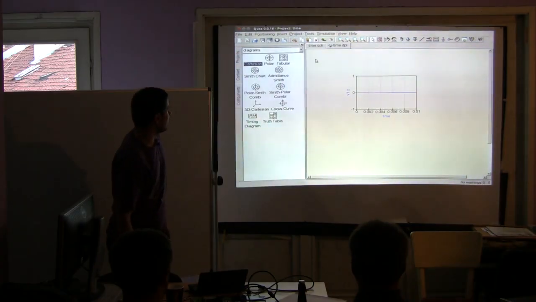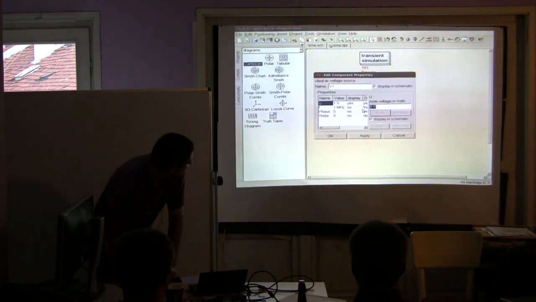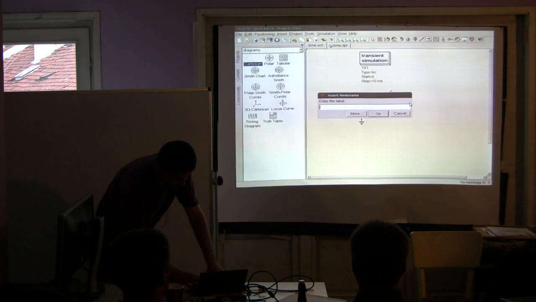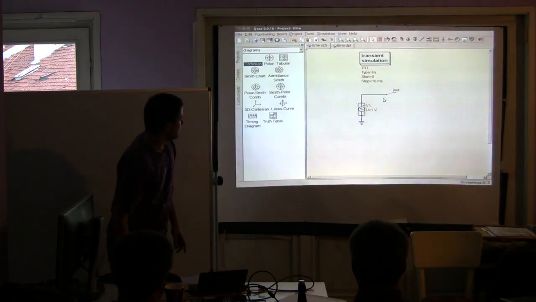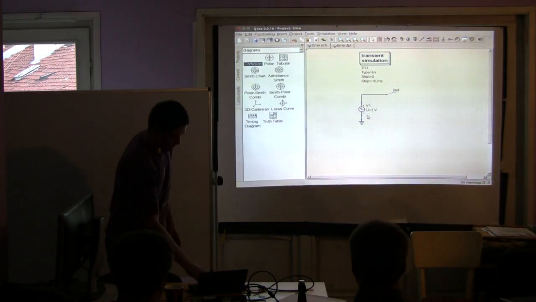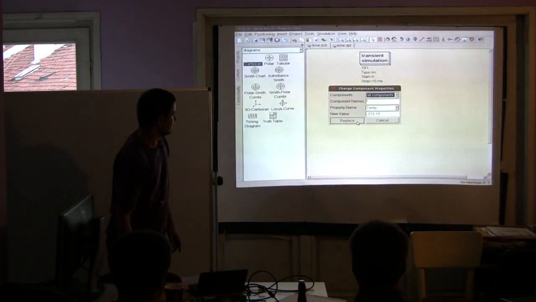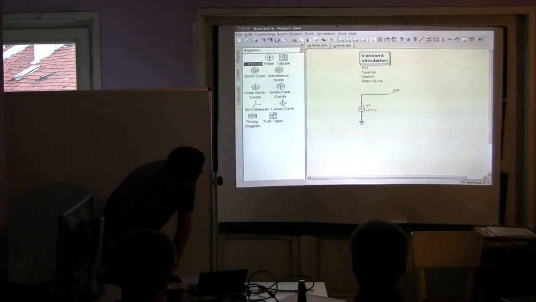We have 0. Why? We have to place labels, I think so. Bug in the program, I think. No, it's okay.